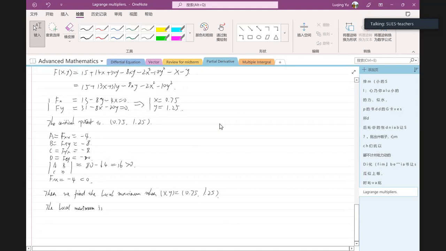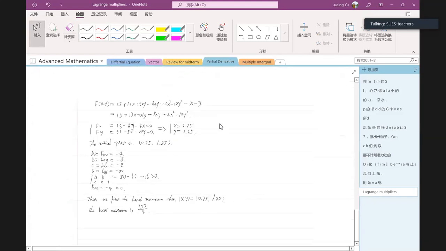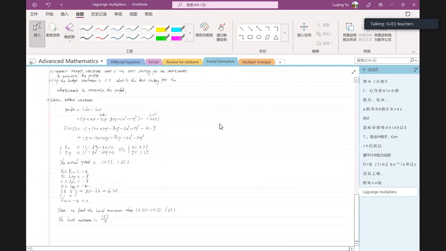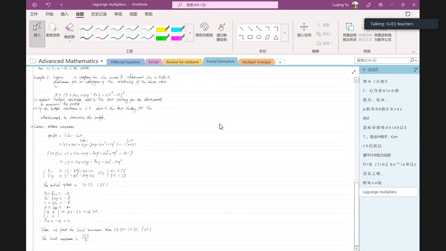So the local maximum is 39.25, or just say 157 over 4. Okay, so this is the first part, where we find the local maximum or the local minimum. This is for the application.